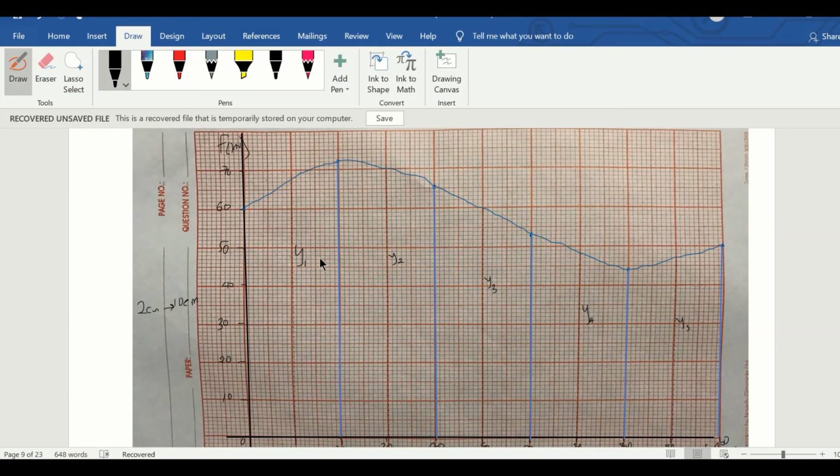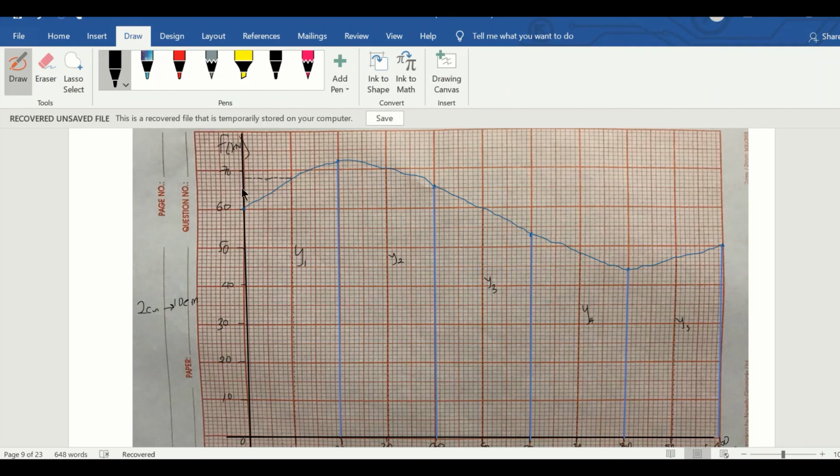The next step now is to get the values for your y1 to y5. For my graph, my y1 is right here. I would measure it to my y-axis. As you can see, my y1 is 65, 6, 7, 8, 9.